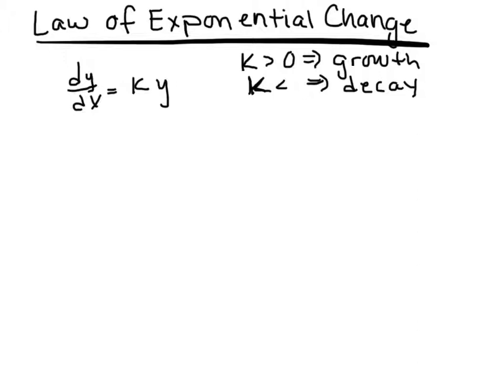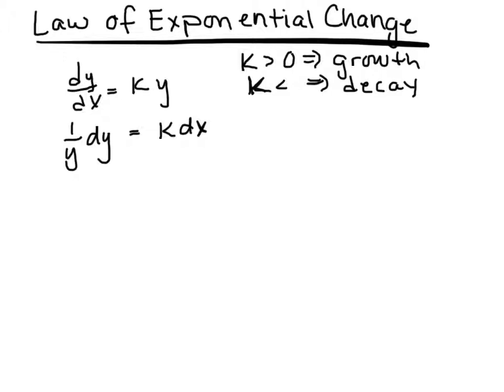All right. So let's go ahead and use our separable differential equations to solve this equation. I'm going to multiply both sides by dx and divide both sides by y. So then we have 1 over y dy is equal to k times dx. K is just a constant, remember, representing our growth or decay.